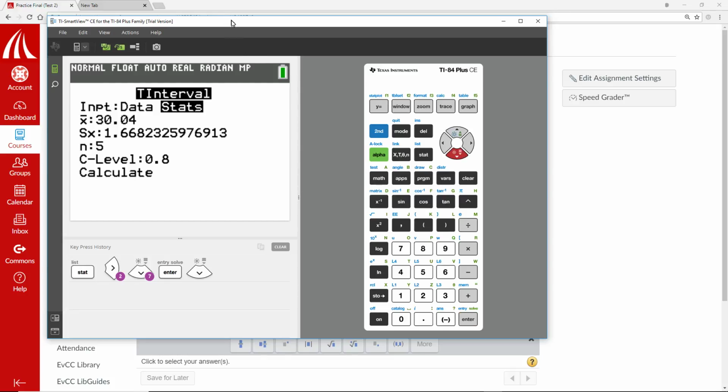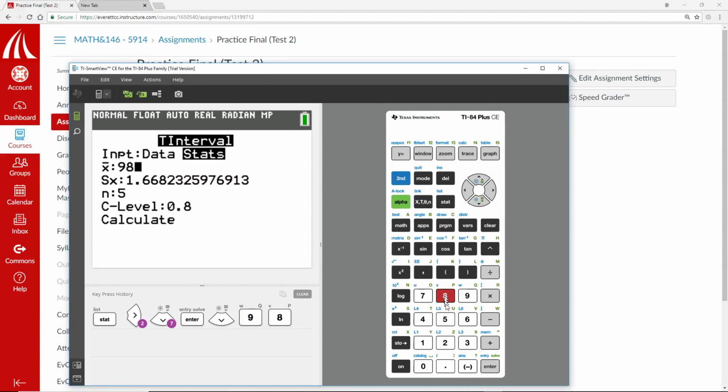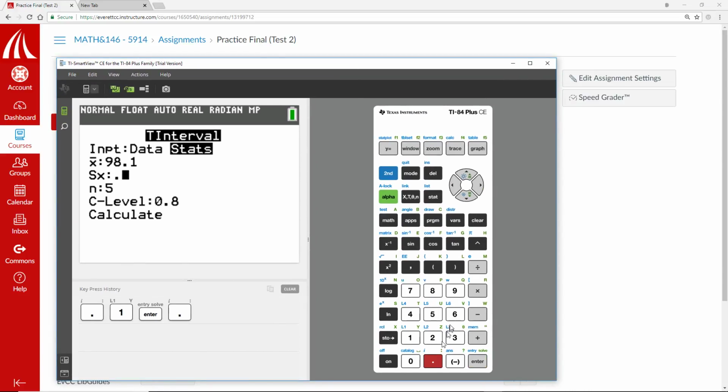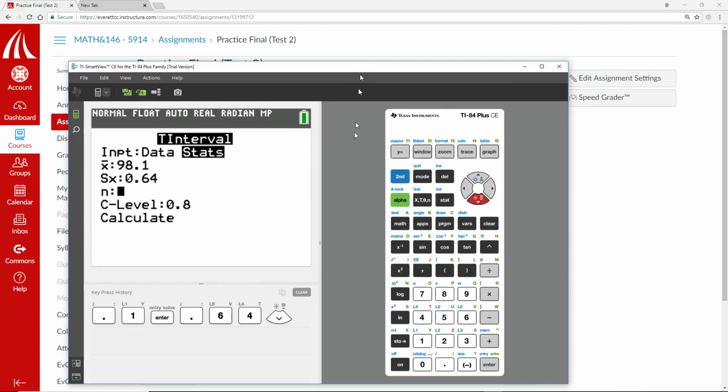So I'm going to plug all those values in. The mean was 98.1. The deviation was 0.64. And I'm forgetting the sample size, 110.